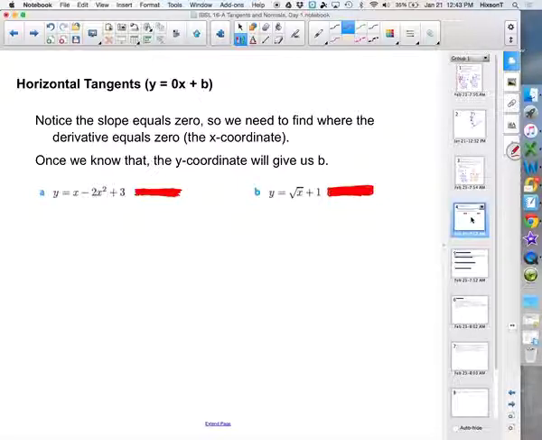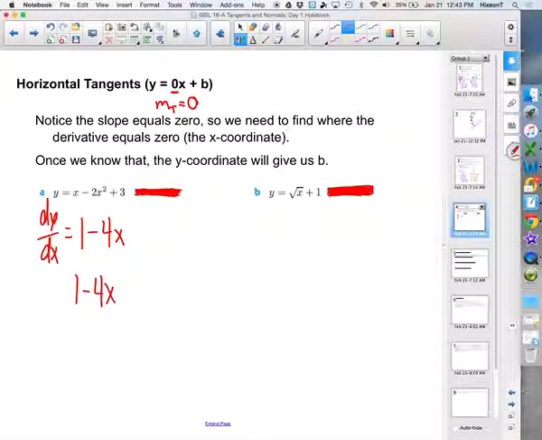So for right now, we already said for dy dx, on this one, we had 1 minus 4x. Well, if I want horizontal tangents, that means I want the slope of the tangent line to equal 0. So you set this equal to 0.